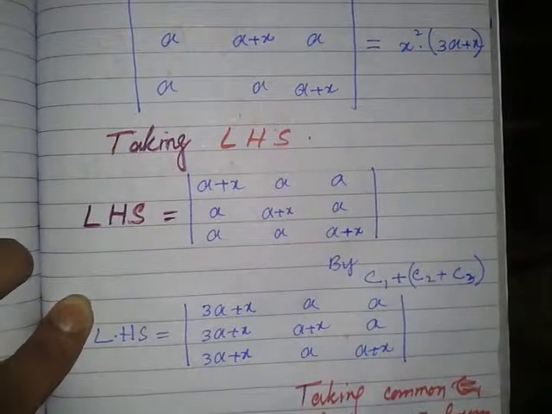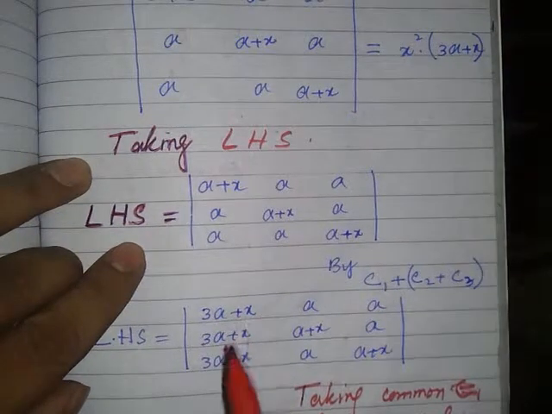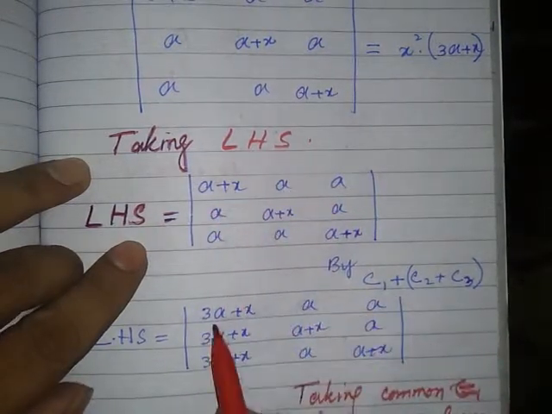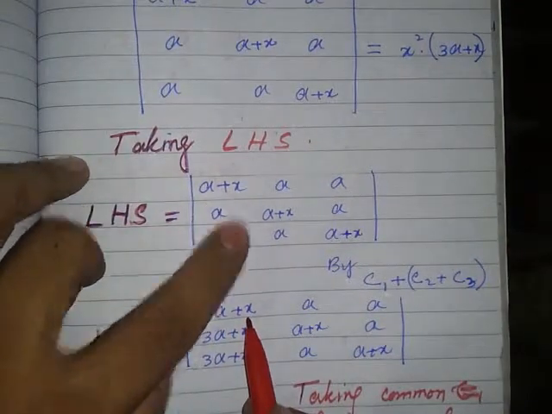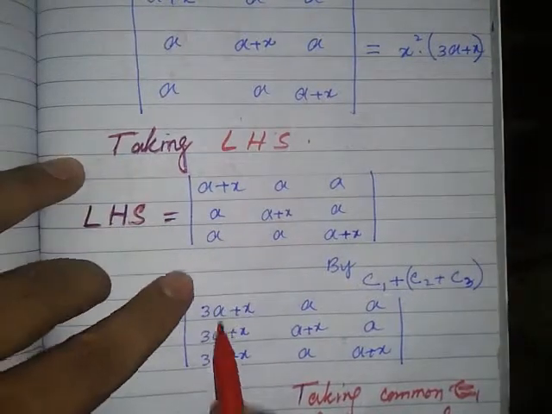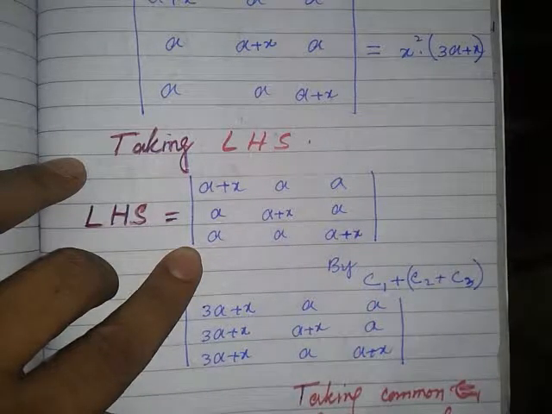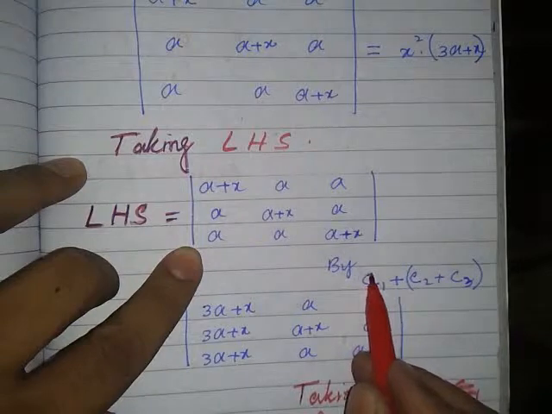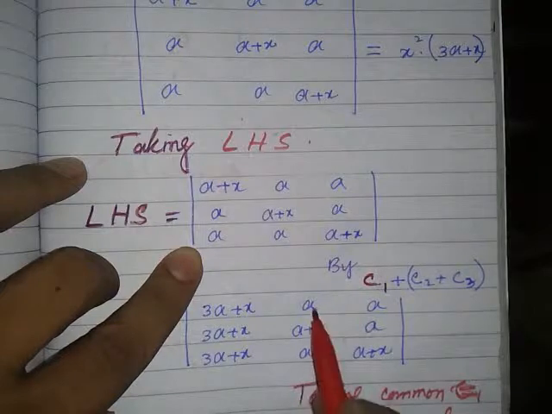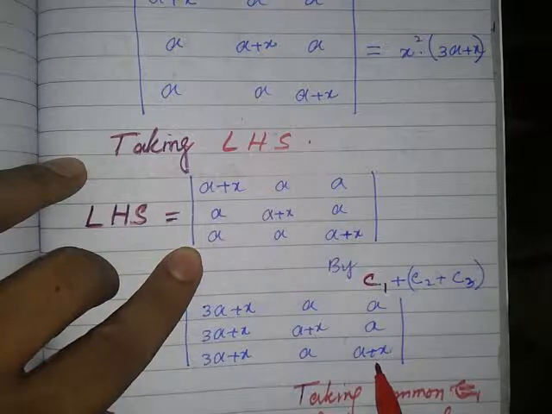After doing this, we can have 3a plus x, as this is 3 times a altogether, becomes 3a, and x is extra. The change will produce only in C1 because it is written first. Column 2 and column 3 will remain as they are.